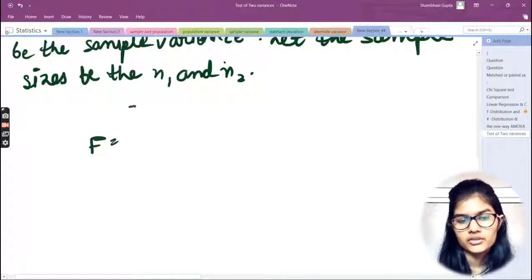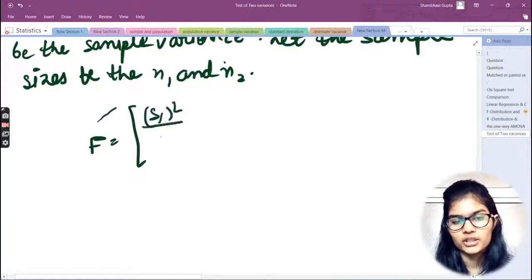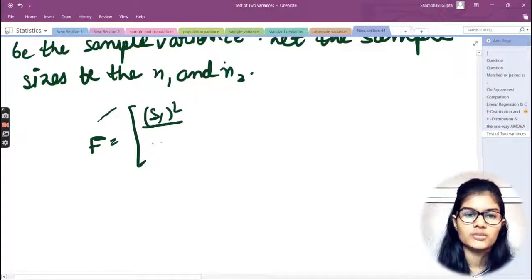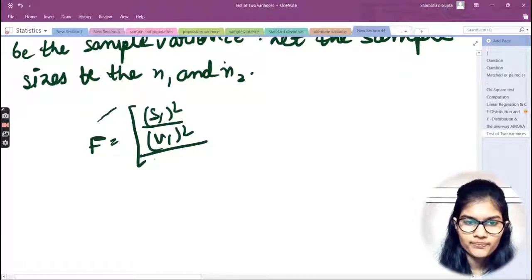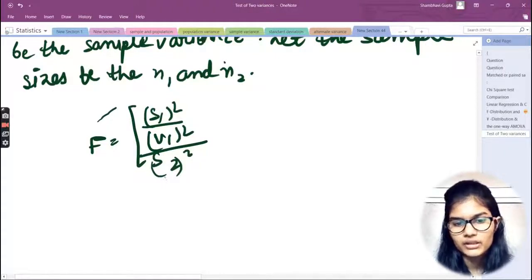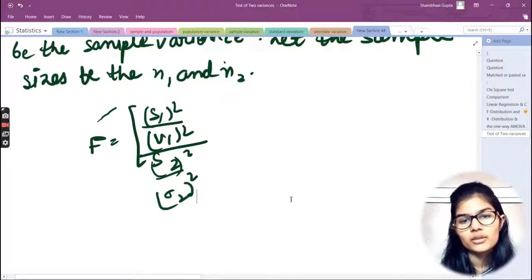F is equal to S1 squared upon sigma 1 squared, upon S2 squared upon sigma 2 squared. This is how we put the relevant formula.